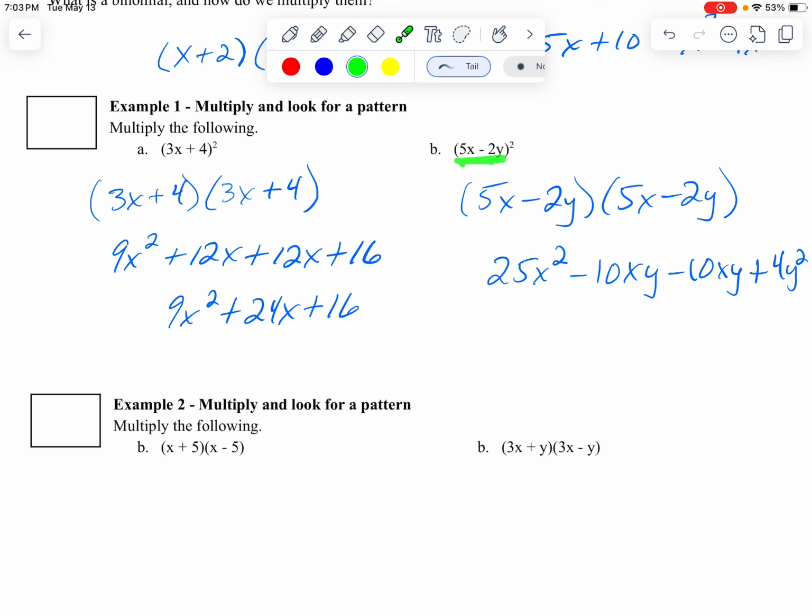So when we have this, that middle term is always going to duplicate itself. So you may get to the point where you don't need to write it all out like this twice. You can say, oh, this times this is going to be minus 10xy, and if I do it again and add them up, that's going to give me negative 20xy. Minus 20xy plus 4y squared.